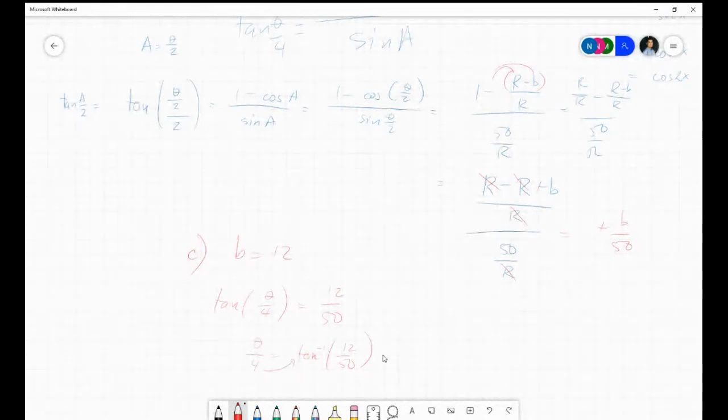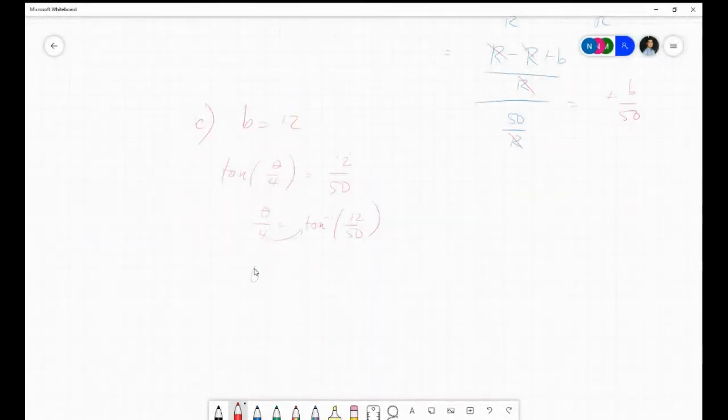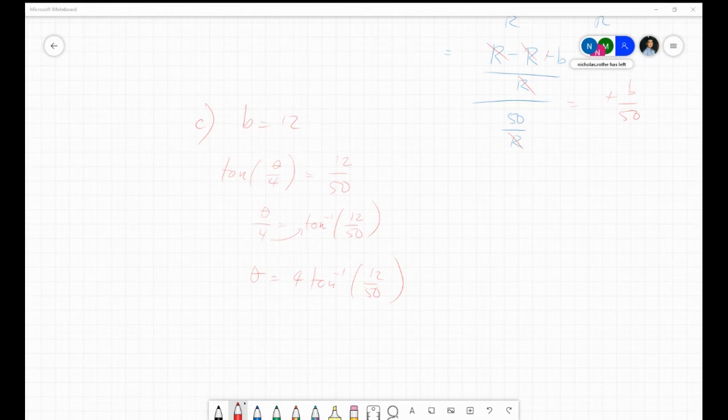So theta equals 4 times tangent inverse of 12 over 50. Go ahead and put that in the calculator and let me know what you get. To the nearest degree, I got 53.98 degrees, so 54 degrees. Yep, that's good. 54 degrees.